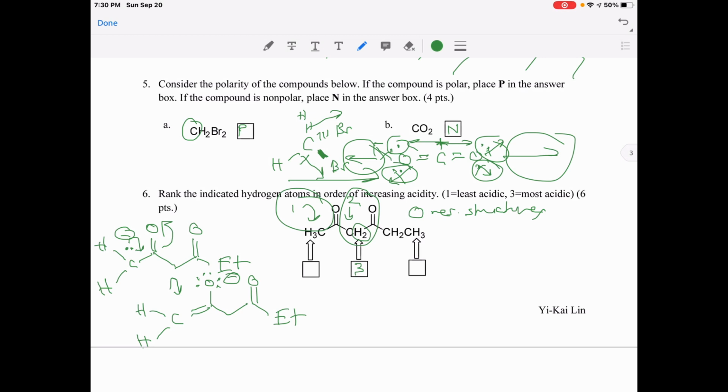So we have the second most acidic. Lastly, for the hydrogen on the right, since there are 0 resonance structures, the conjugate base of this molecule would be the least stable. So at that point, it would be the least acidic. And with that, we have solved this problem.